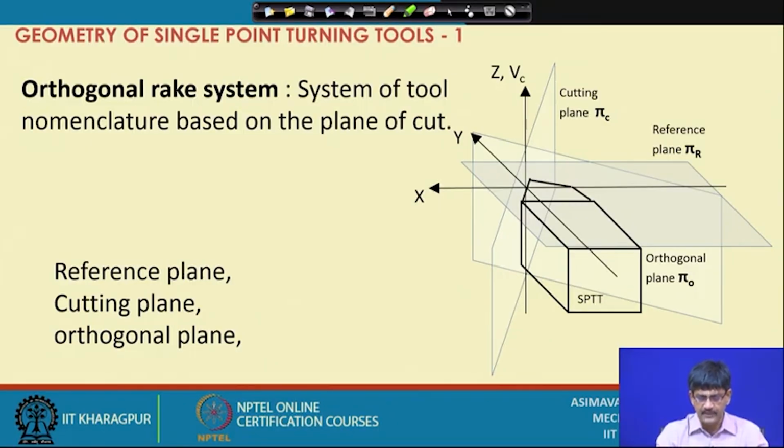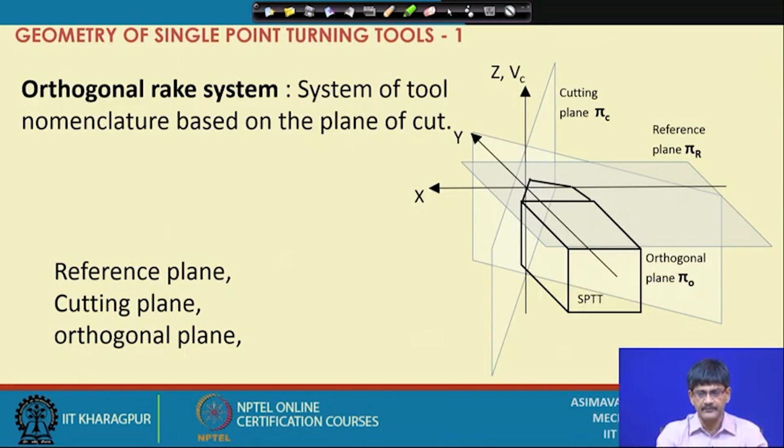It basically defines a coordinate system where the planes are defined with relation to the cutting edge.